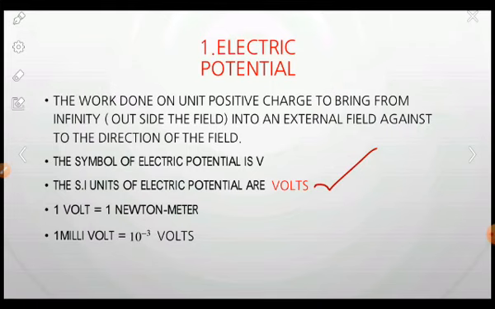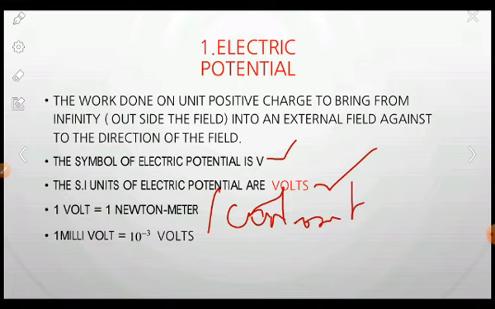Electric potential or potential difference, both are calculated in volts only, and they are represented by the symbol V. So 1 volt equals 1 Newton meter per coulomb, because work done equals Newton meter, and work done per unit charge is work done per coulomb, which equals 1 volt.